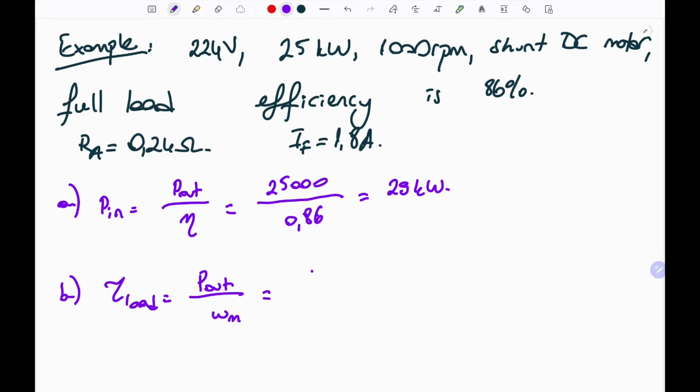So 25,000 will be the output power divided by Wm, which is 1000 in revolution per minute, and we will convert to radian per second for the Wm. And the answer will be 238.8 Newton meter.